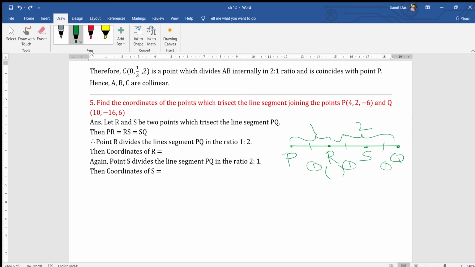Similarly, we can say S is dividing in 2:1 ratio. Okay, but I'll do a little bit different way.